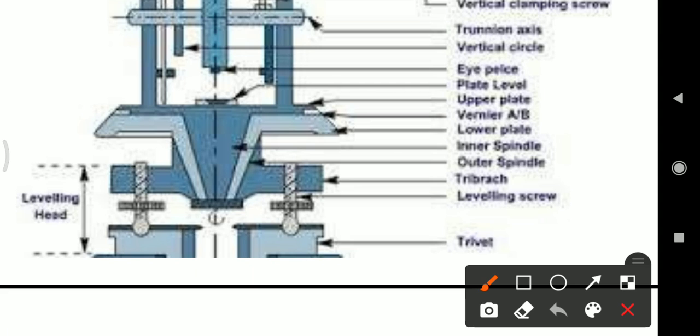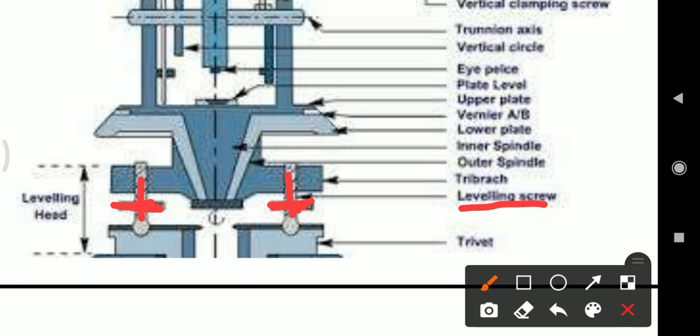Next component part is the leveling screw. This screw, the leveling screw, is also called a foot screw. Three foot screws, or sometimes four foot screws, are provided for leveling the theodolite.